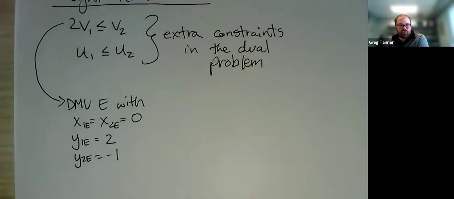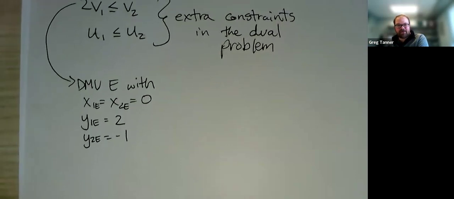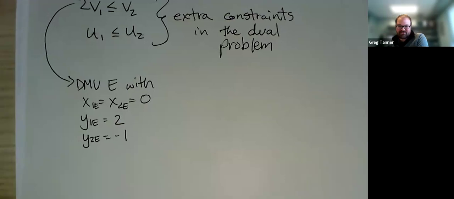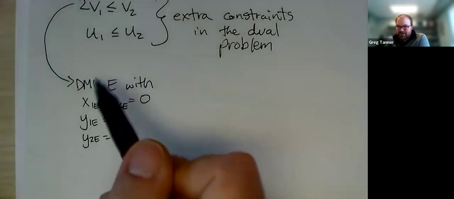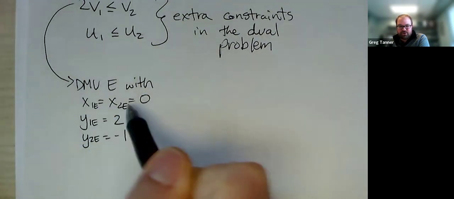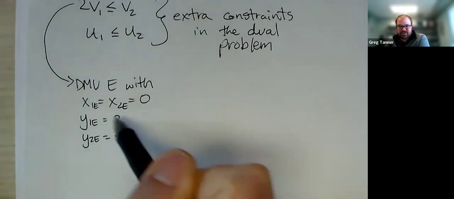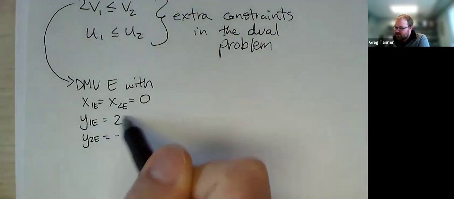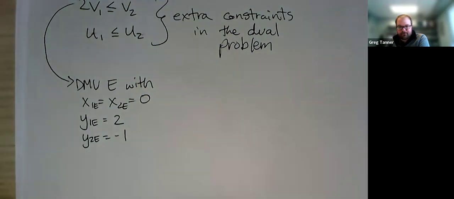It's weird to think that we can have negative outputs, but it works out with the constraints: we can make a fictitious DMU E with no inputs, but 2 units of output over here and -1 here.